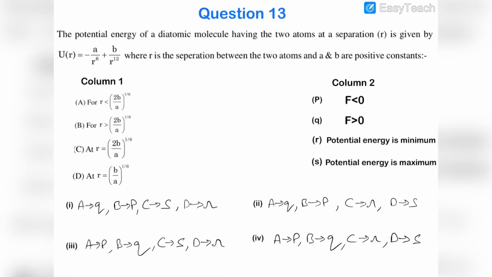In this question, you can see that we have to match the column, and the potential energy of a system is given. This system is a diatomic molecule which has two atoms at a separation of r. So first of all, let us analyze the potential energy, that U is equal to minus A by r to the power 6 plus B by r to the power 12.